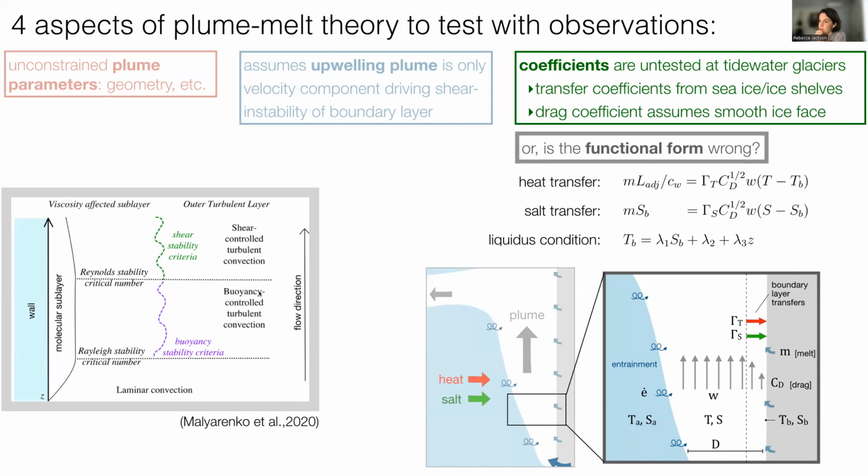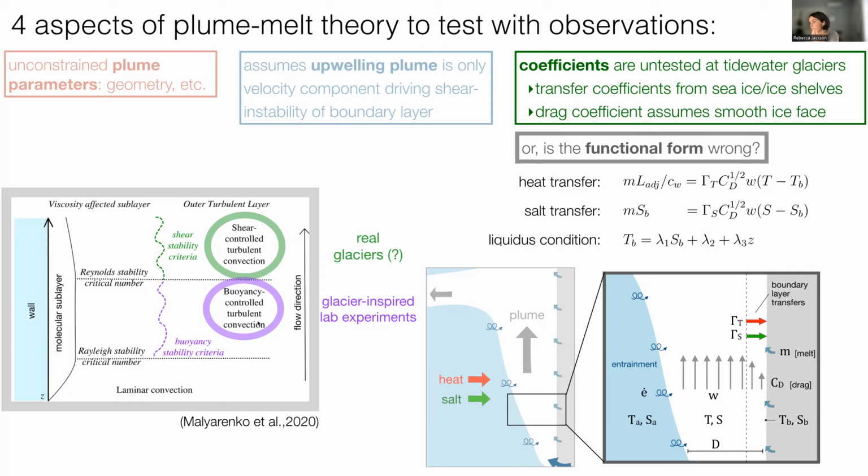And this form assumes a shear-controlled regime, and it's our assumption that this is the right regime for real tidewater glaciers. But most of our glacier-inspired lab experiments fall in this buoyancy-controlled regime.